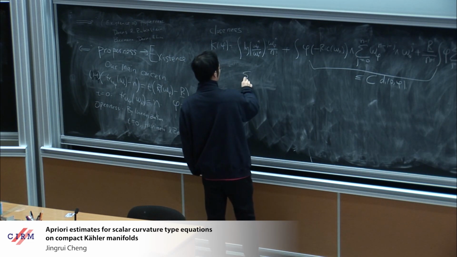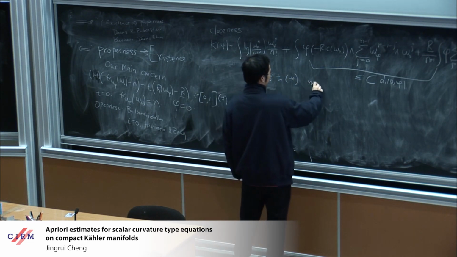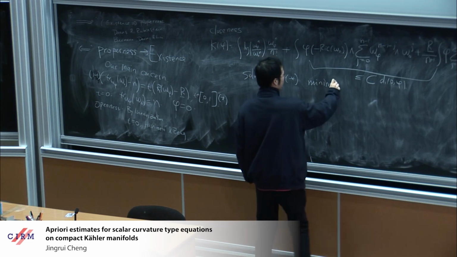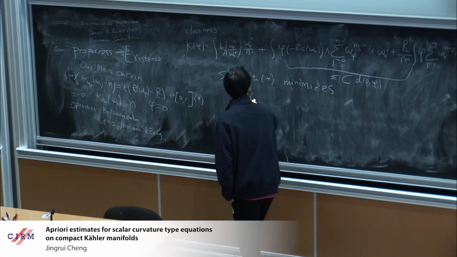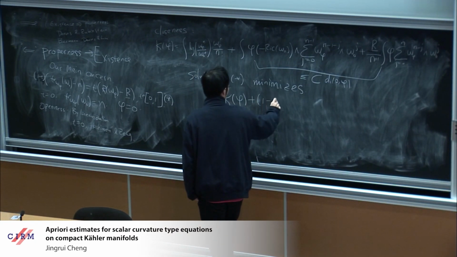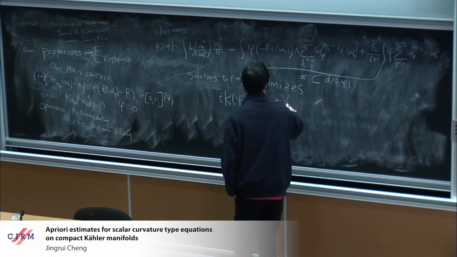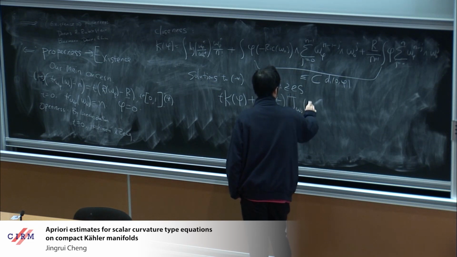So solutions to star minimize the so-called twisted K energy, that is t times the K energy plus 1 minus t of the J functional, J_omega_0 of phi.